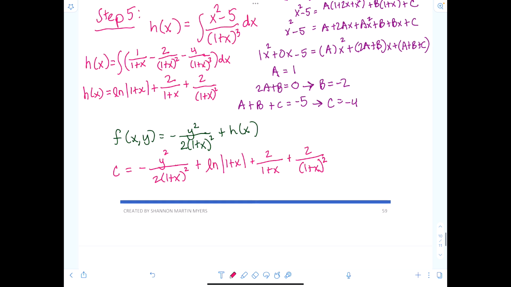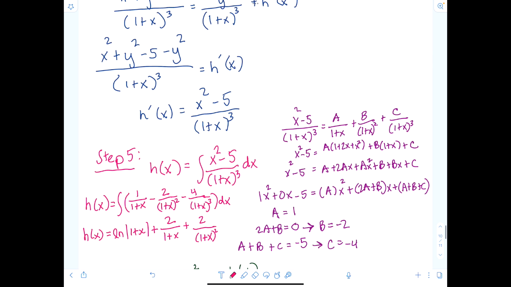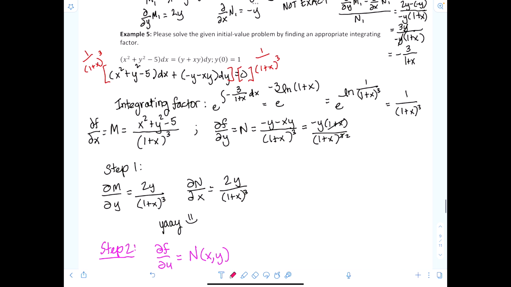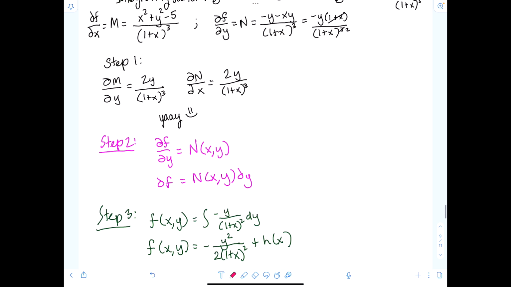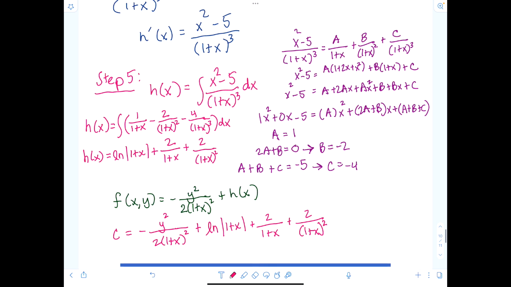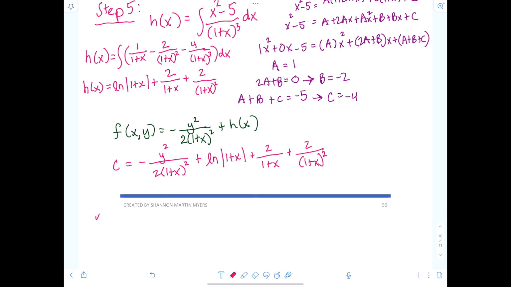We had an initial condition. Our initial condition was that when x is 0, y is 1. So y at 0 equals 1.